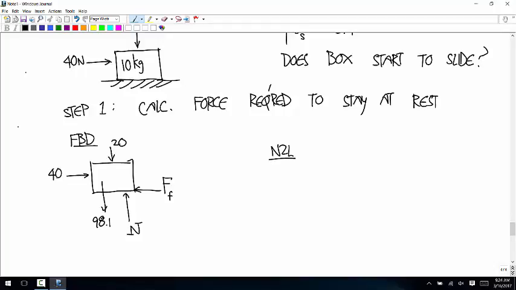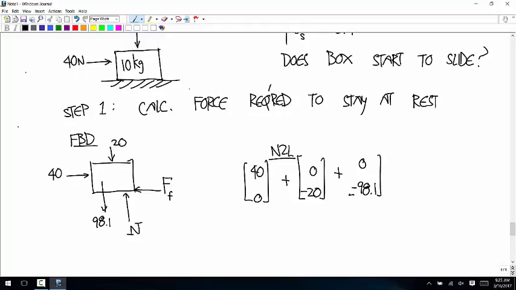Then Newton's second law says (40, 0) plus (0, negative 20) plus (0, negative 98.1) plus (0, N) plus the force of friction in the negative x direction is equal to the mass times acceleration of 0, so just equal to zeros.